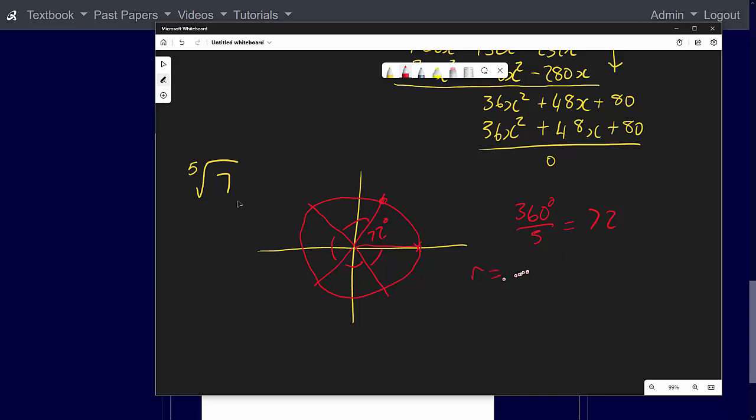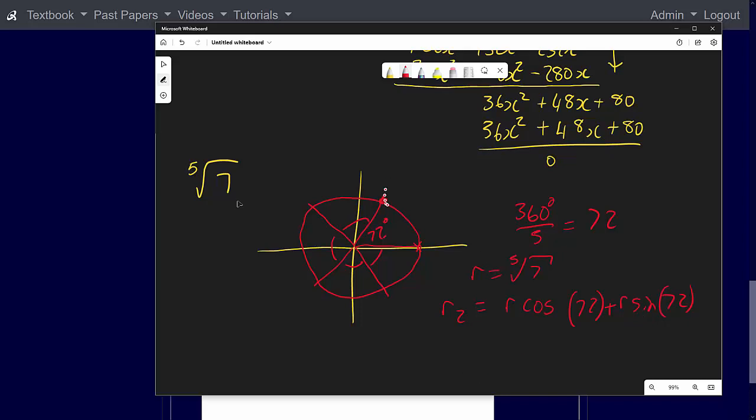So r is equal to the fifth root of 7. So the first term here is going to be, so that's root 1 is equal to that. So let's call it root 2 is equal to, it's going to be r times cos of 72 plus r sine 72.